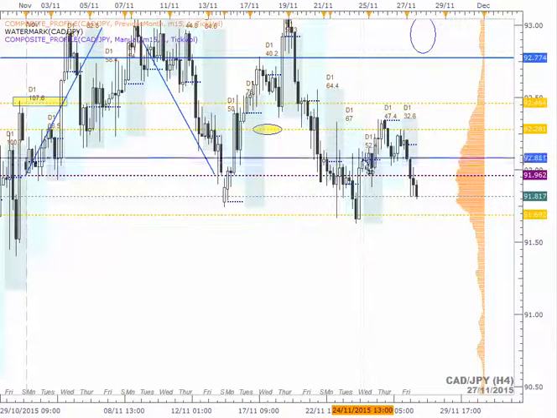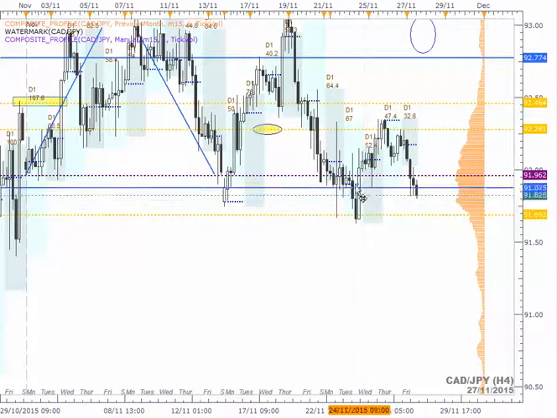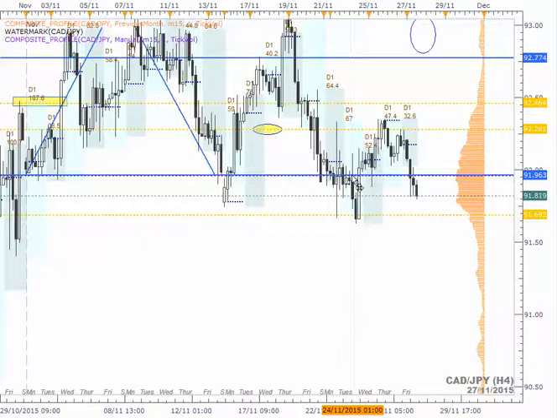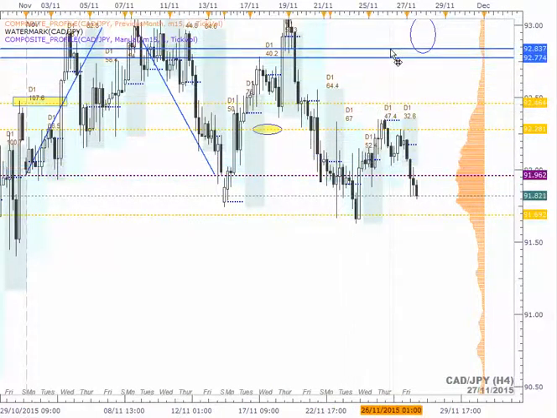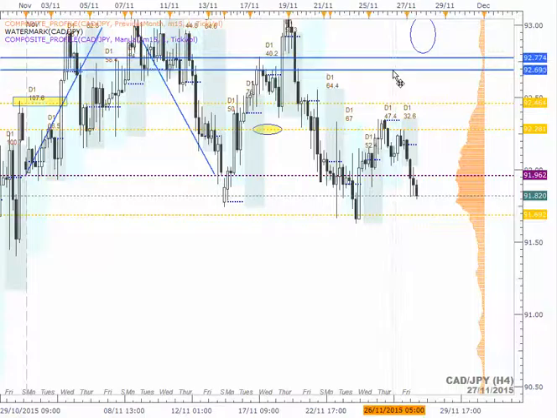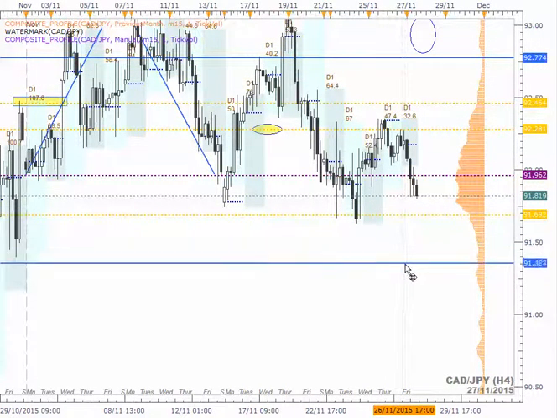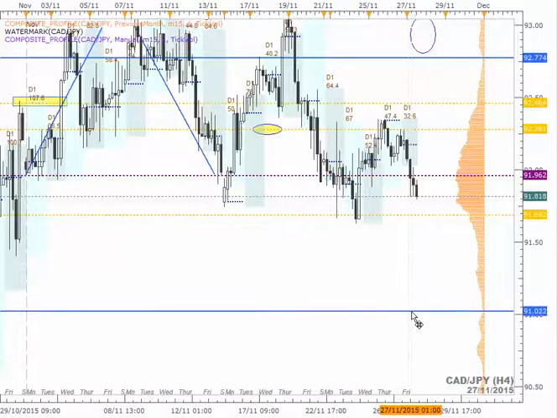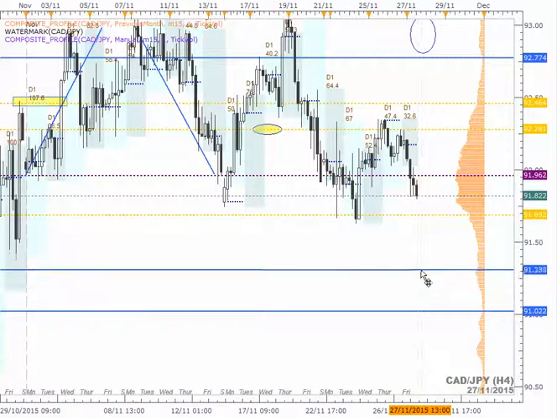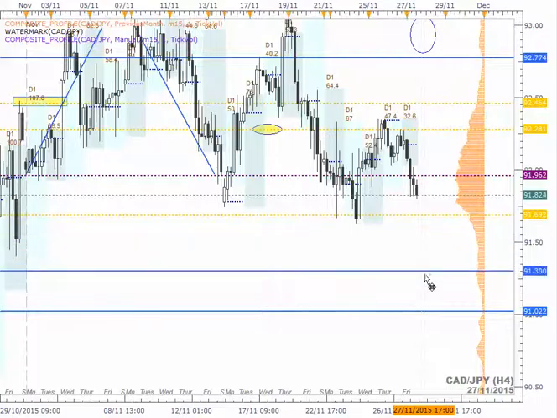Had it come down to this volume point of control at 91.96, remember, I don't trade from 91.96, I trade to. I would take my profits there, then wait to see, does it come back up to the low volume point of control to the upside, or does it come down to the low volume point of control to the downside, which could be at 91.02, or could also be anywhere around here.